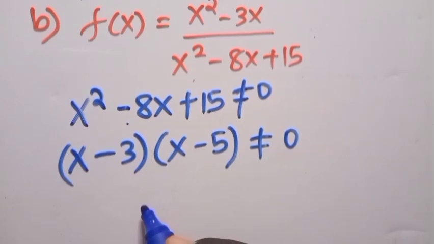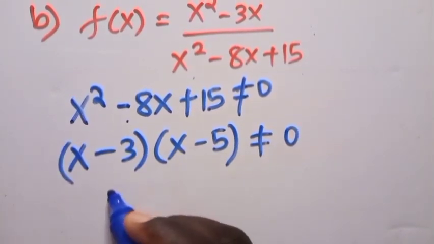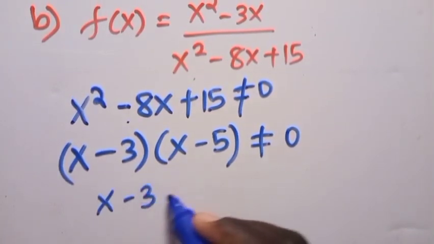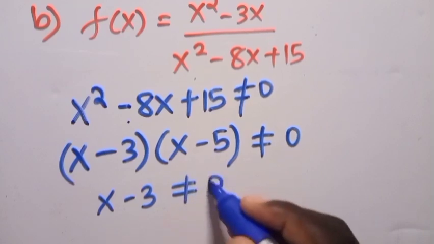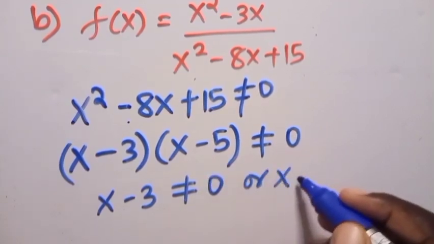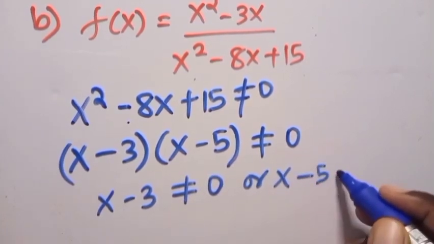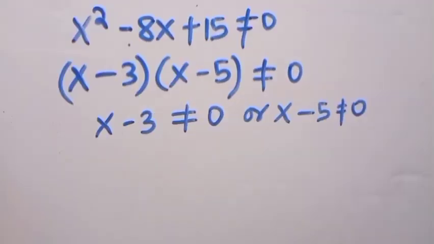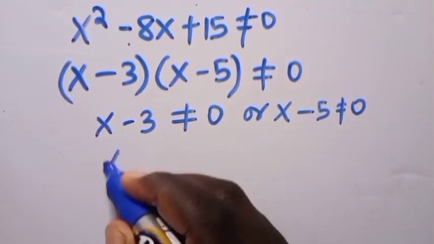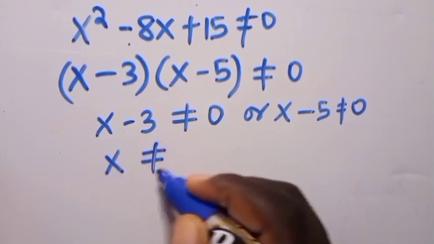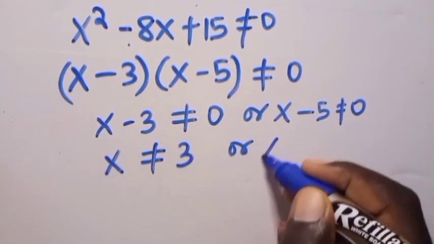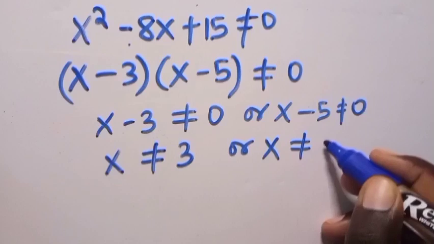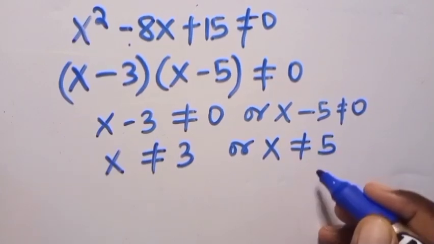From here, we can say that x minus 3 should not be equal to 0, or x minus 5 should not be equal to 0. That means x should not be equal to 3, or x should not be equal to 5.